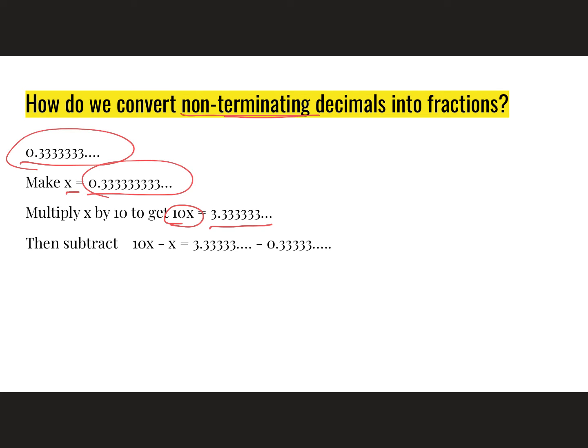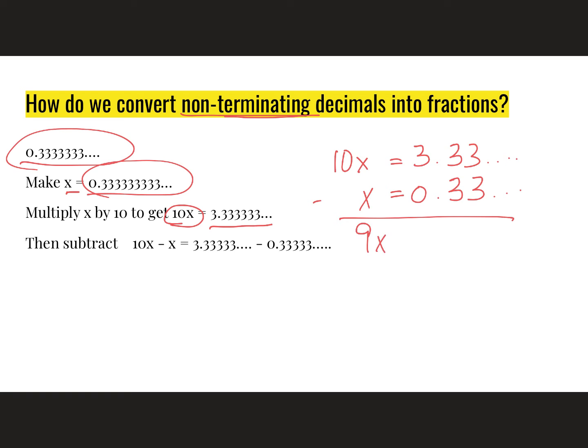So 10x is 3.33... and x is 0.33... We can simply subtract those from each other. 10x minus x is 9x. 3.333 repeating minus 0.333 repeating, that part cancels, and I'm left with 3. So now I have 9x equals 3. If I divide both sides by 9, I get x equals 3 over 9.